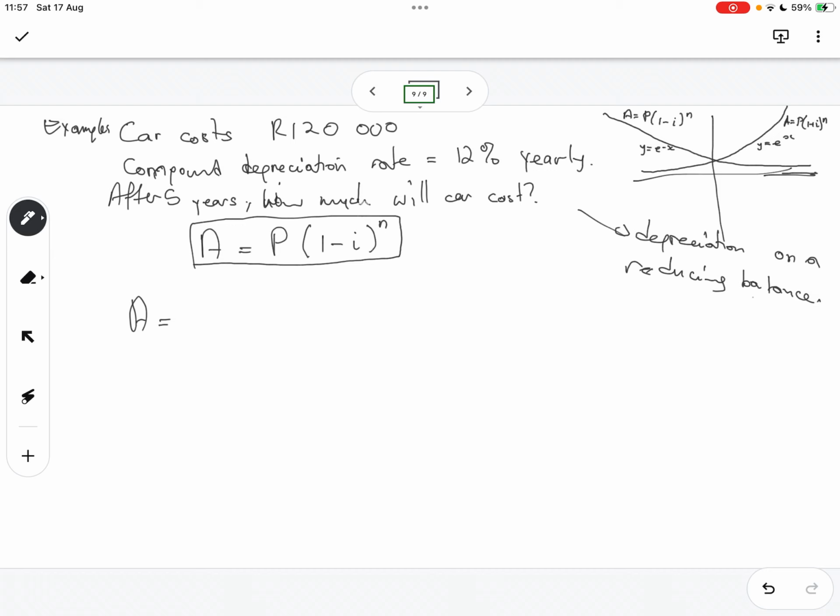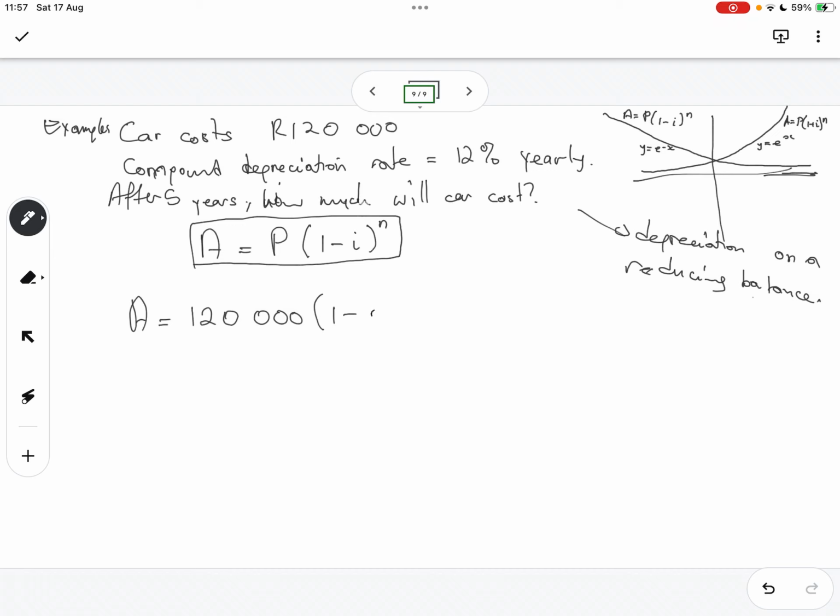In this case, we know our principal amount is 120,000 and we are looking for A, which is our final amount. Obviously it has to be less than the principal amount, and we're going to substitute.